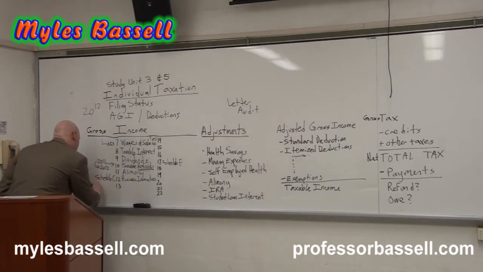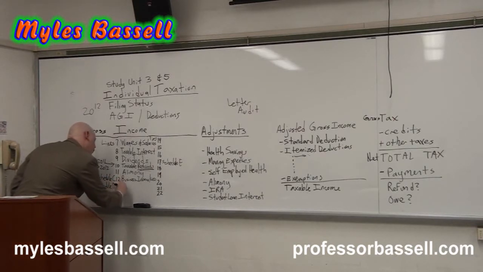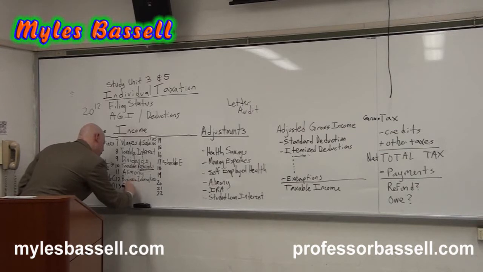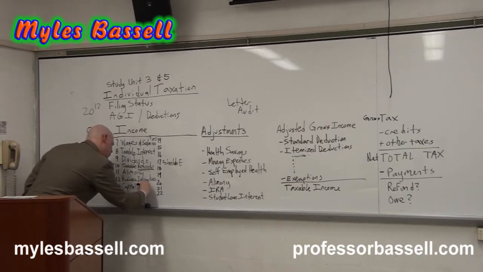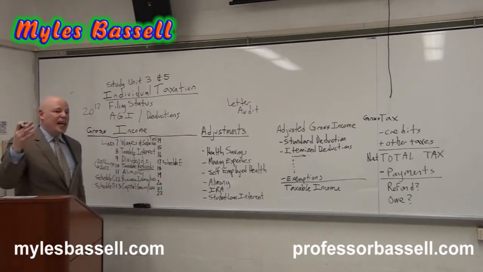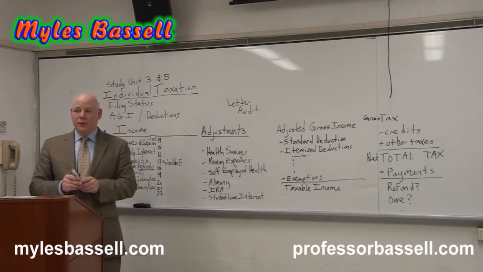Then we have Schedule D, which is capital gains. Capital gains and losses. So on Schedule D, that's where we're going to do the computation.